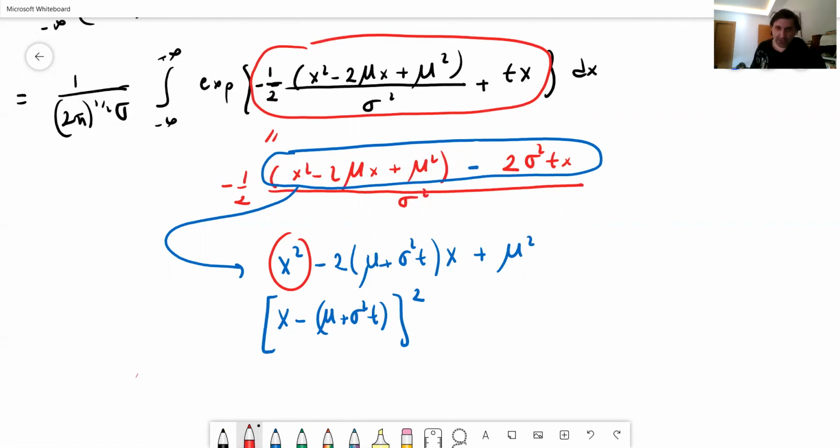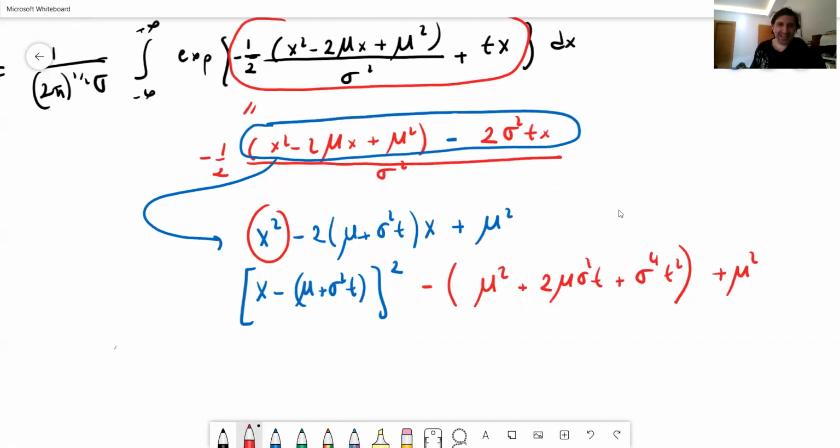But additionally, there is going to be another term. What is that term? It's going to be equal to the square of this term here. So the square of this term is going to be subtracted here, which is going to be mu square plus 2 mu sigma square T and sigma to the power 4 T square. And we have also mu square here.